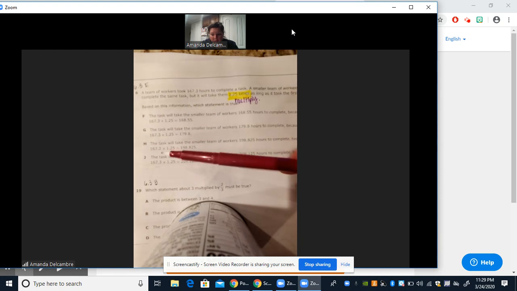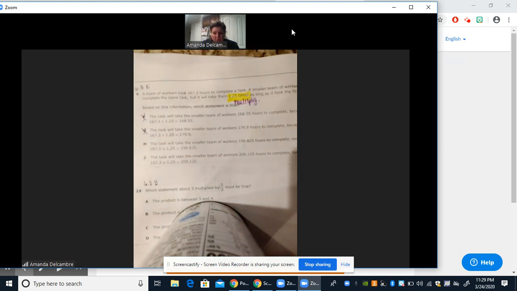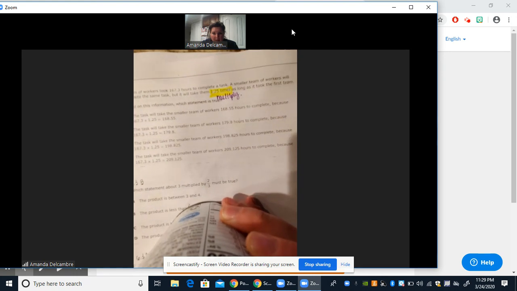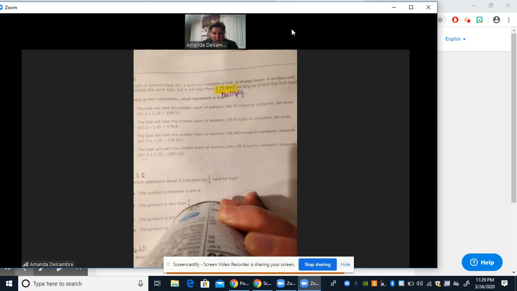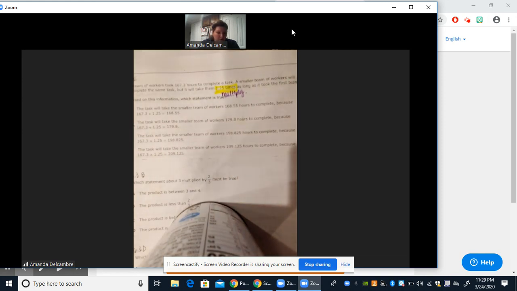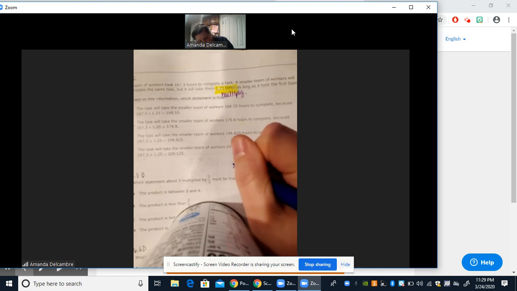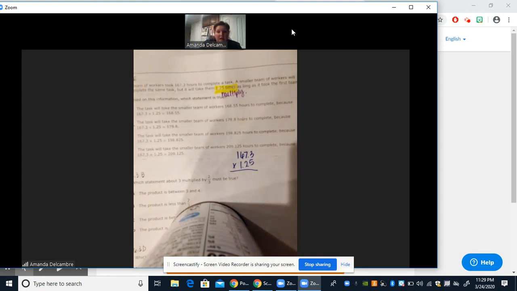Because 2 of them have multiply, 2 of them have addition. So I can eliminate 2. Then I have to come over here and I have to do some math. Well, I already know I'm multiplying, and it tells me what numbers I'm multiplying. So I'm coming over here and I'm going to multiply 167 and 3/10 and 1 and 25/100. Which one will be my answer?